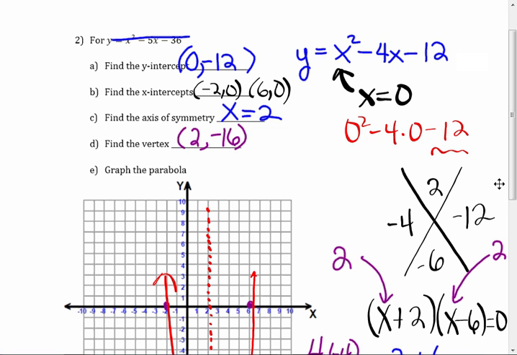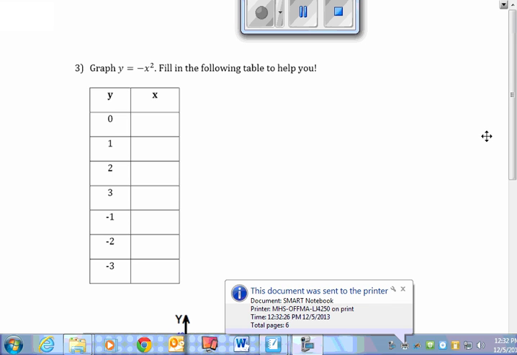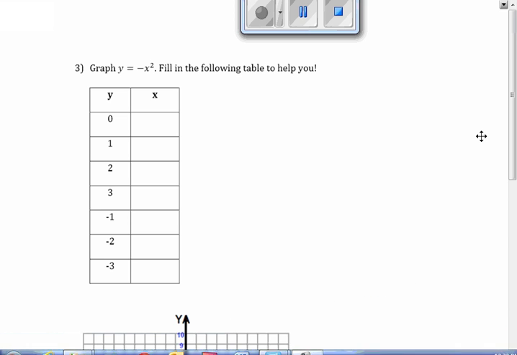Nick? Do you have your iPad? You can't get that? So, we're going to fill in the table, and we're going to see what happens with the negative. You got to go grab it. It's in the math office. Somebody does. I will. I'll do it.